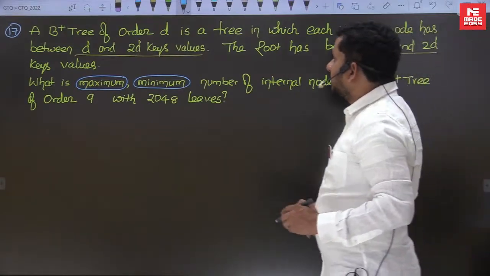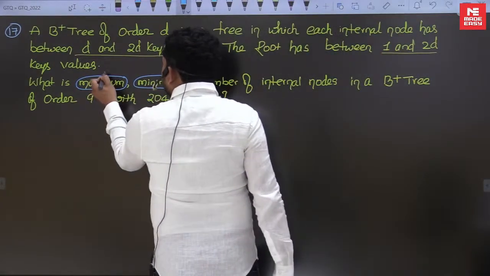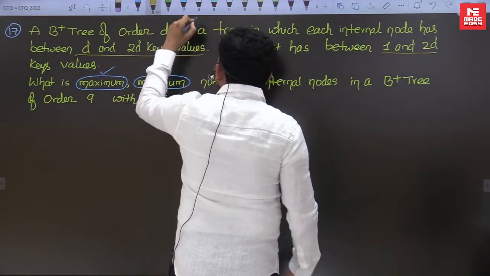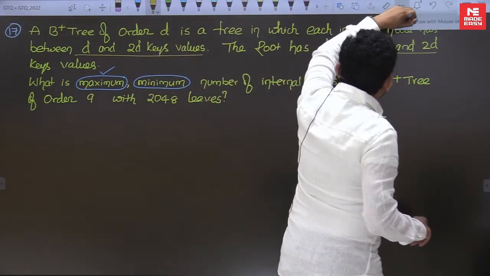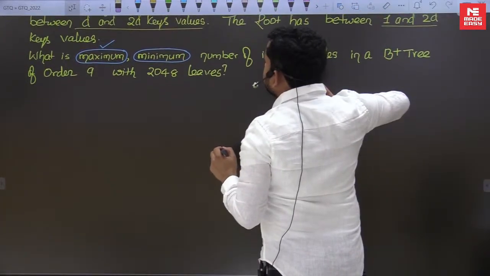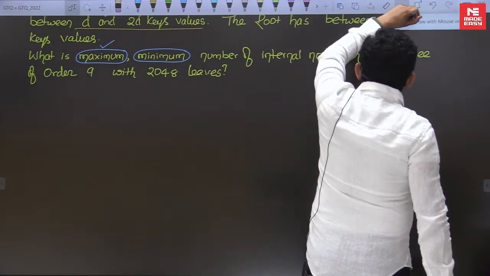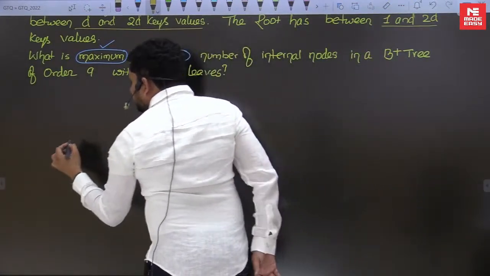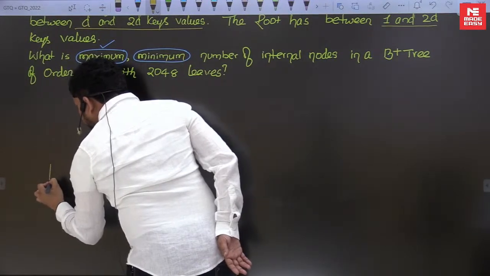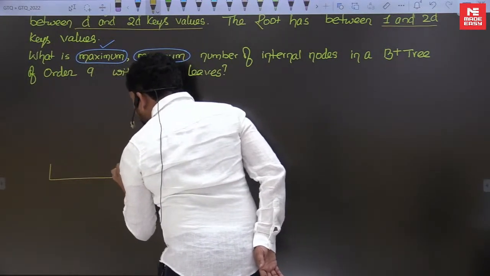To get the maximum internal nodes, bulk loading design can be used for this. So to get the maximum internal nodes, take the minimum possible occupancy of each node.